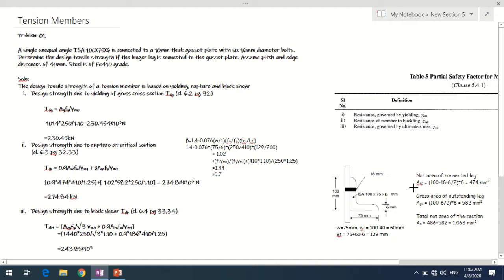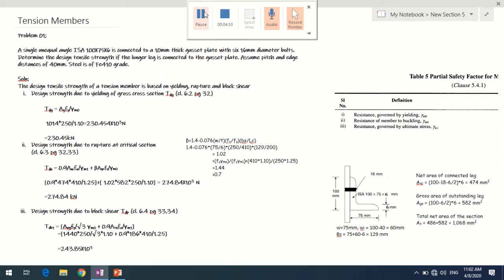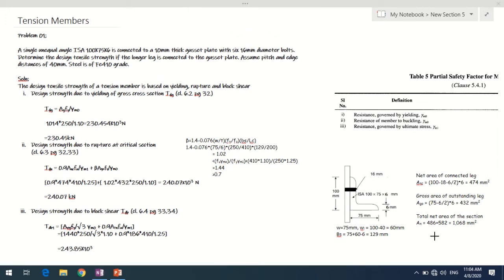Similarly, if I calculate the gross area of the outstanding leg, there will not be any deduction made for bolt holes in this case. It is a gross area. The width of the outstanding leg is 75, so that is 75 minus half the thickness. 75 will be this full width, and in that, half the thickness has been deducted.